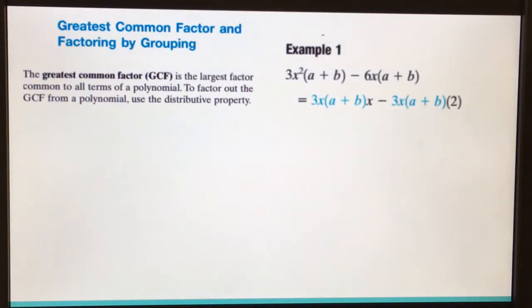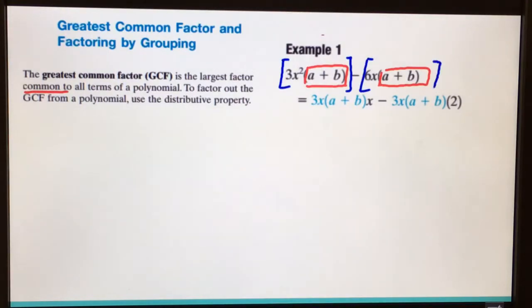You are asked to factor 3x squared times (a plus b) minus 6x times (a plus b). So notice how a plus b is a common factor in both of the terms. The two terms being, this is considered as one term, and this is considered another term.